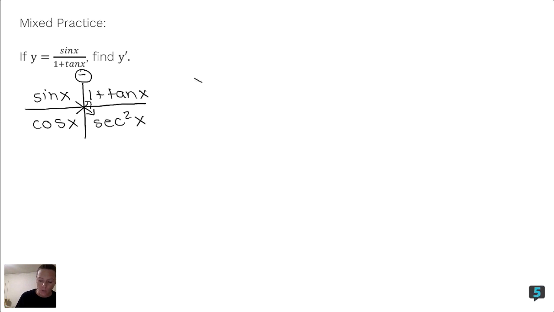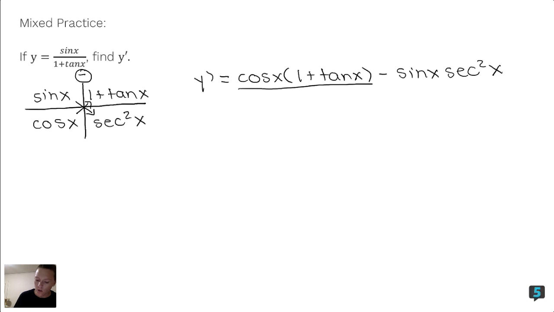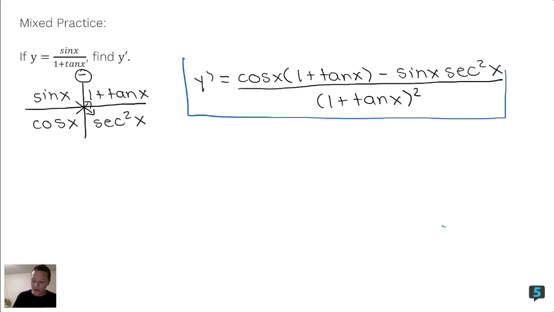All right, so we're going to have that y prime equals cosine x times that quantity 1 plus tangent x minus sine x secant squared x all over that original denominator squared. So 1 plus tangent x quantity squared. And that's our derivative. Okay. Might not look pretty, but that's all right. We've got our derivative here.